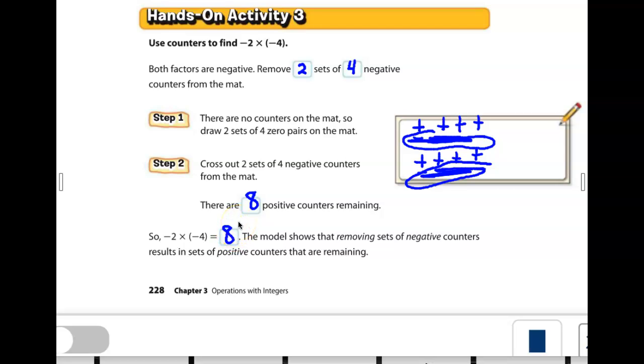And as we've just noticed in the previous example, if you have different signs, a negative times a positive will equal a negative. A positive times a negative equals a negative. So when there are different signs, the product is going to be negative. When there are the same type of signs, the answer will be positive.